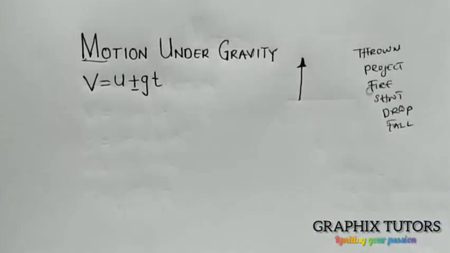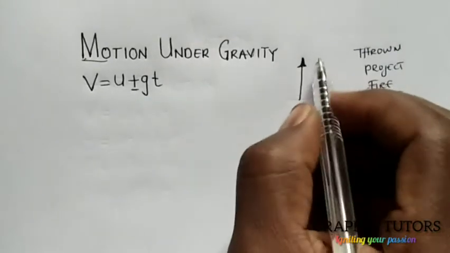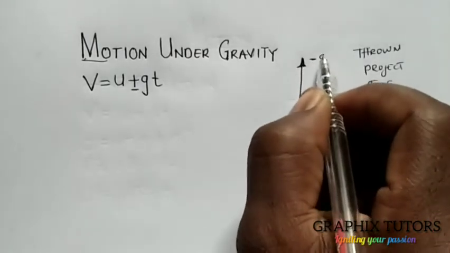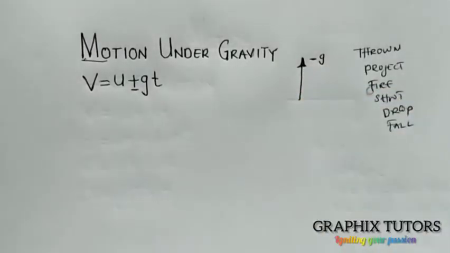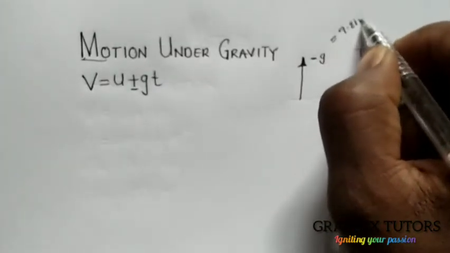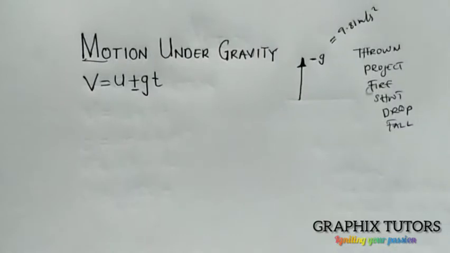When you're climbing a staircase, you easily get tired. You feel the pains in your leg because of what? The influence of gravity on you. The gravity is pulling you down. So there's a negative effect on it. So I'm putting minus. So we'll say it will be what? Minus G. And what is this G? G is given as what? 9.81 meter per second squared. That is the G there. Or some textbooks will tell you 10 meter per second squared.